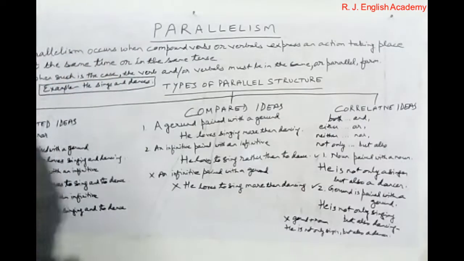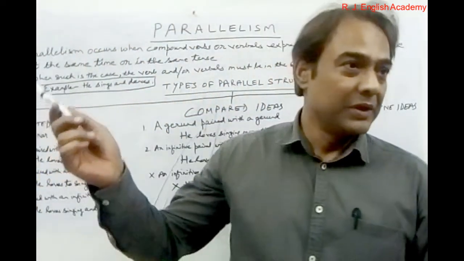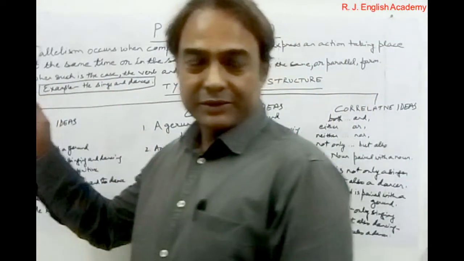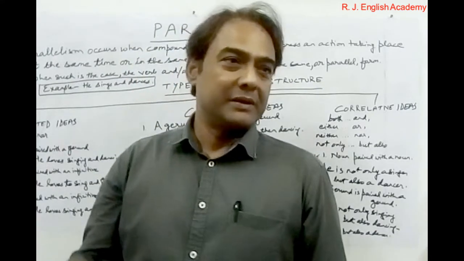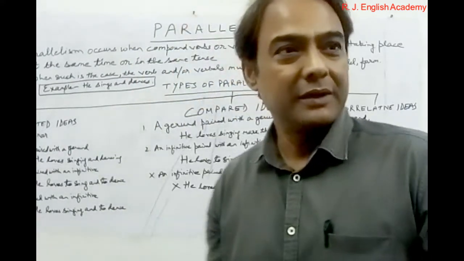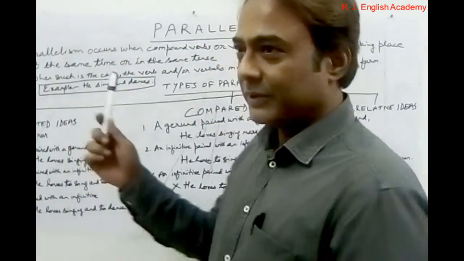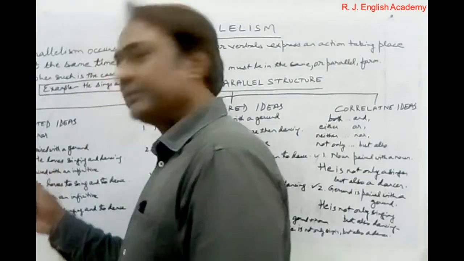Let us say coordinated ideas. We are using coordinating conjunctions. FANBOYS: for, and, nor, but, or, yet, so. We are not using all of them, we are using some of them. We use these four coordinating conjunctions to coordinate: and, but, or, nor.